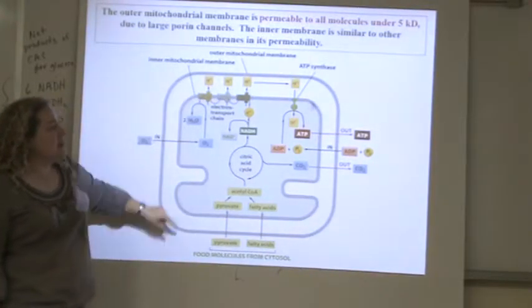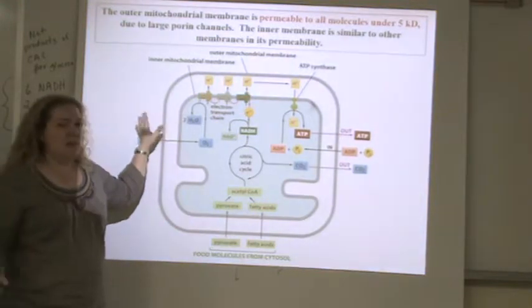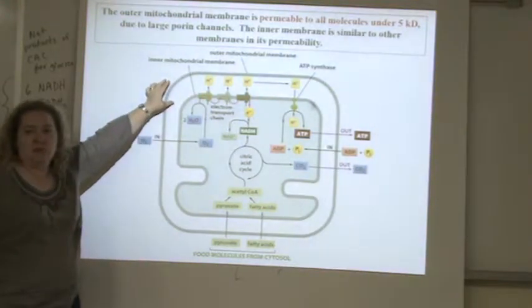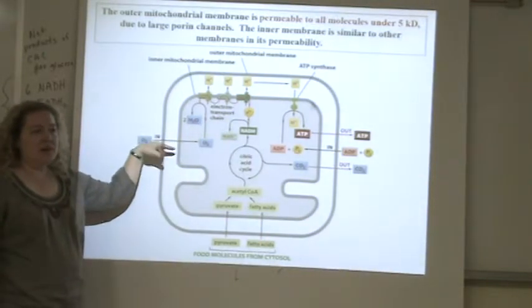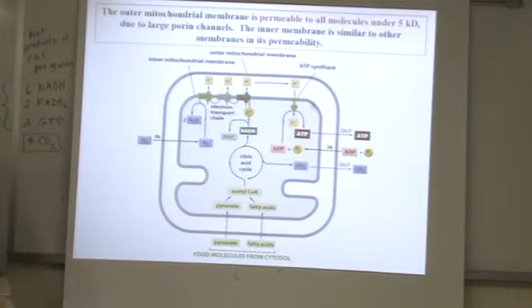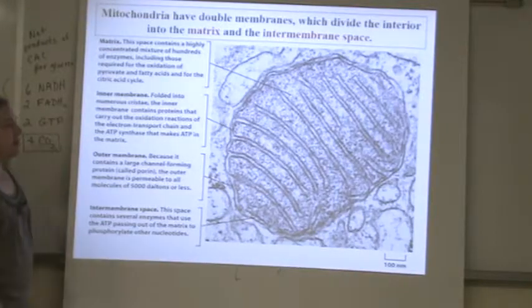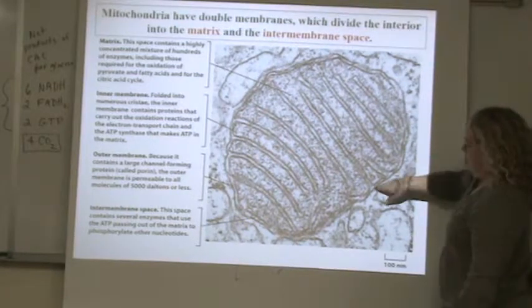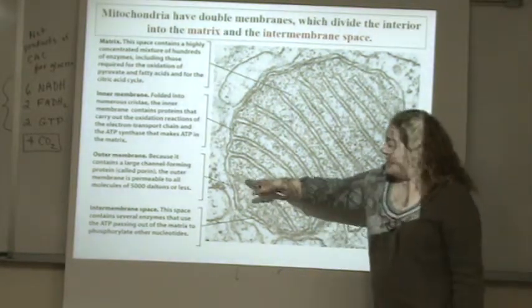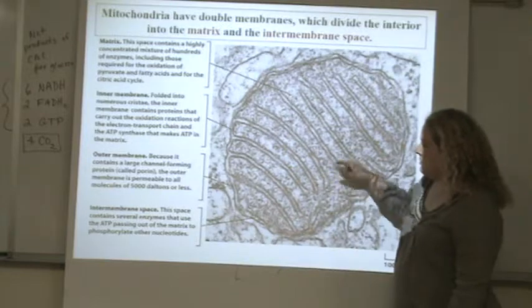Here's the outer membrane. Here's the inner membrane. The inner membrane has a lot more surface area than the outer. The inner membrane is folded up a lot upon itself inside the outer membrane. So if we go back to the real picture here, we've got outer around the outside, and the inner is really contorted.